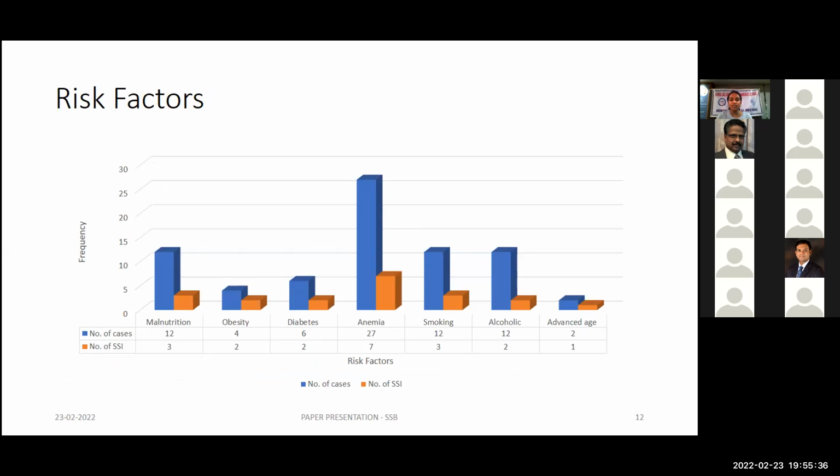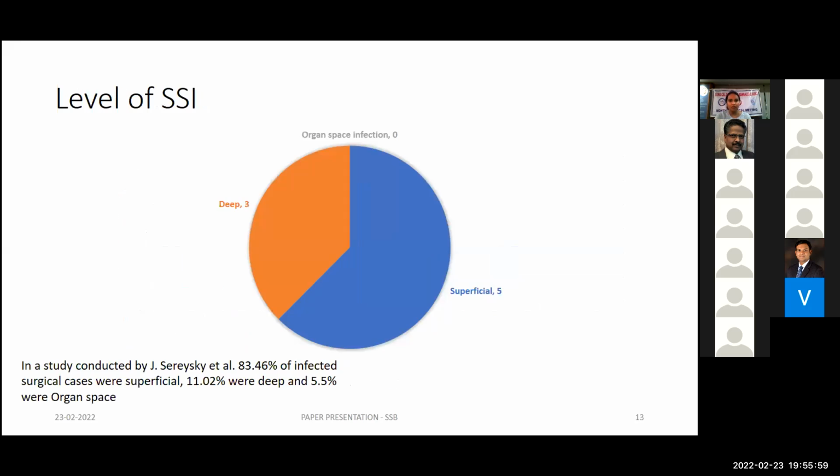Among the risk factors, the main contributing risk factor in comorbidities was anemia, where out of 27 patients, 7 patients developed surgical site infection, followed by malnutrition, obesity, and diabetes, followed by smoking and alcoholism.